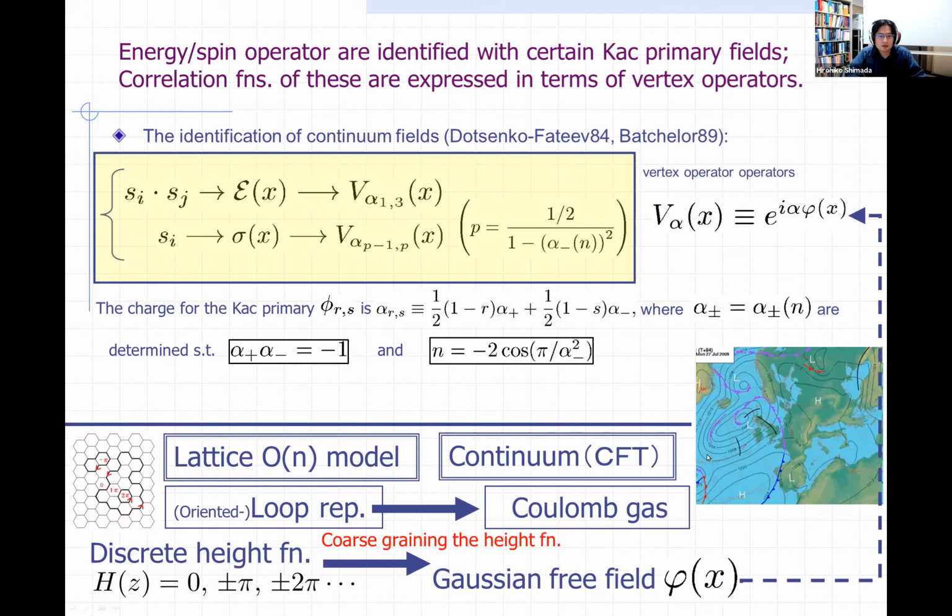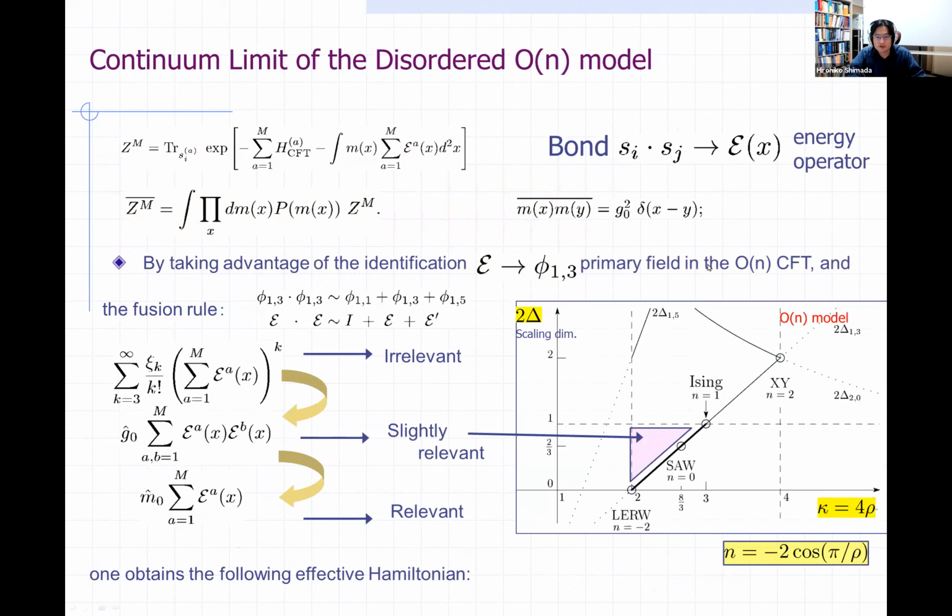Now we use this identification. So the bond is normalized to the energy operator, that is actually the (1,3) operator. I think this plot is important. For the O(n) model, the dimension of this energy operator is less than 1 below n equal 1.